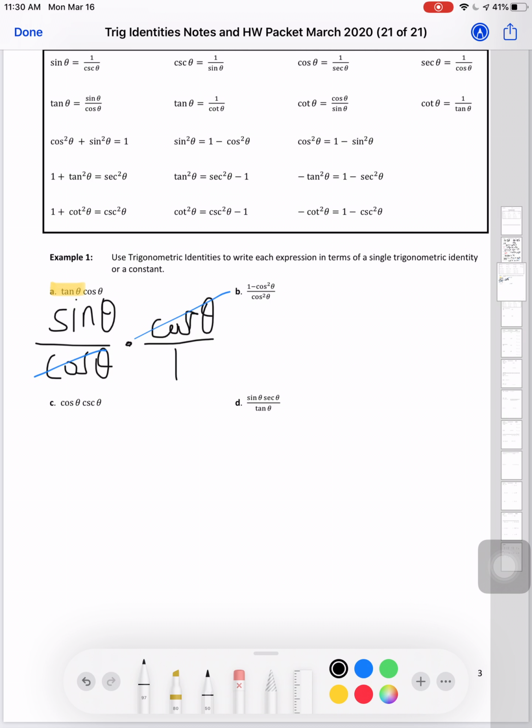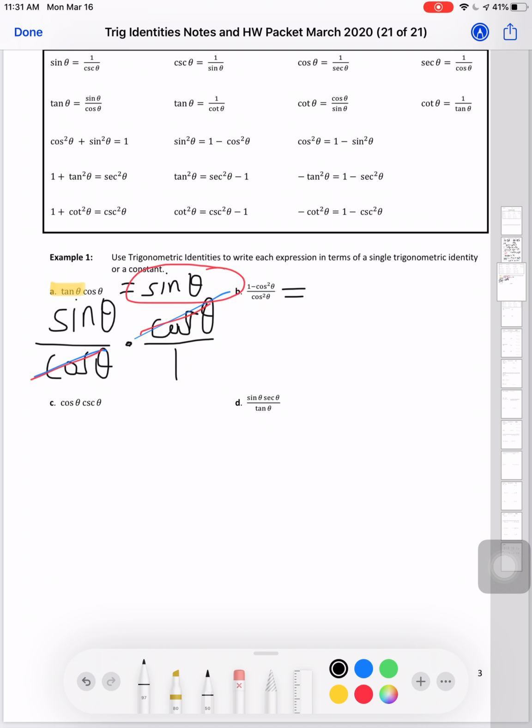And once they divide out, then the answer that I get is the sine of theta. So the answer to that multiplication of those two trig functions is the sine of theta, because cosine and cosine cancel each other out, leaving you with sine of theta over 1. So we're just employing those formulas that you see in the box above.